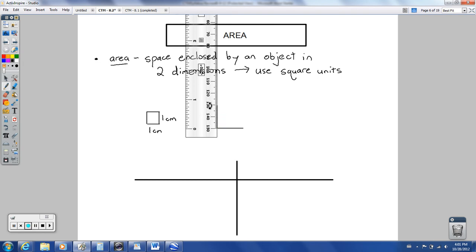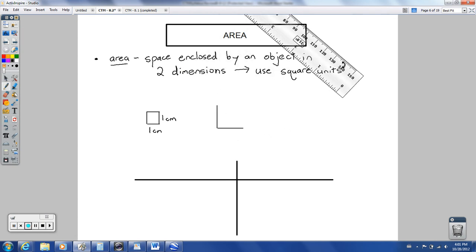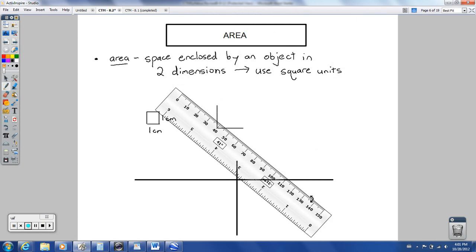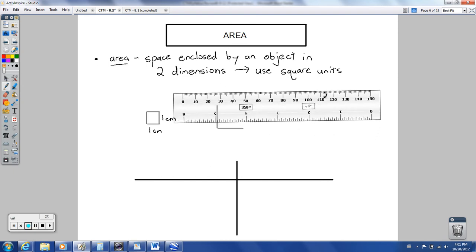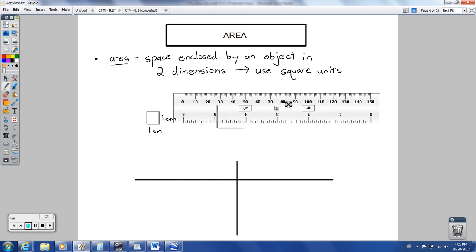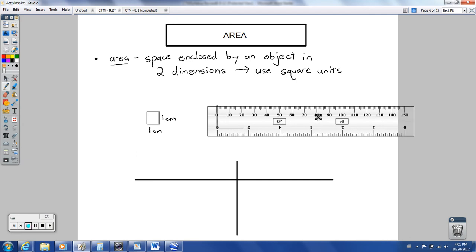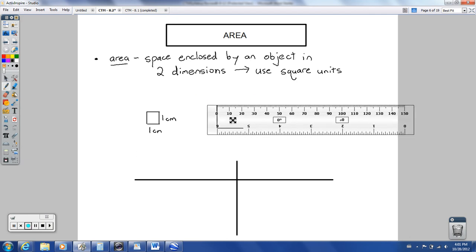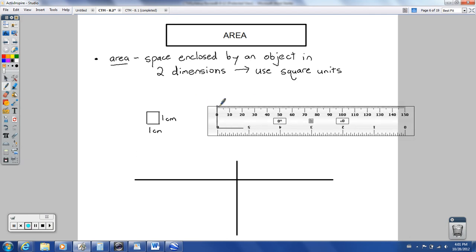And remember, 2 centimeters for this one. So if I went from 13 to 15, that would be 2. I just subtract those. And let's see, I'll move this way now. I can get that straight horizontal as best I can. That looks good. Line it up with 0. Move it up just a little bit there. And now I'll draw that.